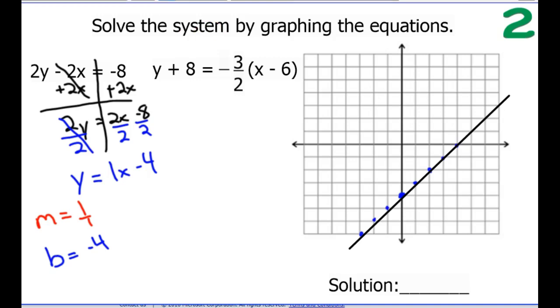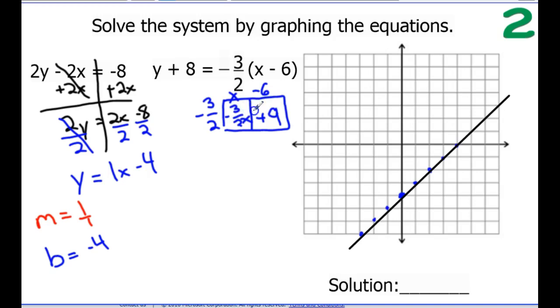Now our next equation is in point-slope form. How we solve this is we need to get rid of our parentheses first. So we get negative 3/2 on the front times x minus 6. Negative 3/2 times x is negative 3/2 x. Negative 3/2 times 6 is positive 9.